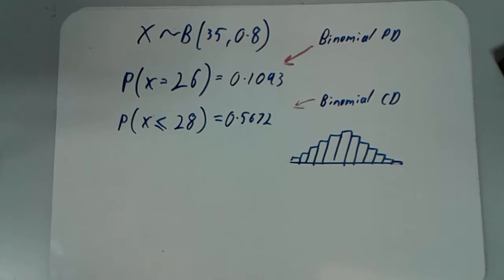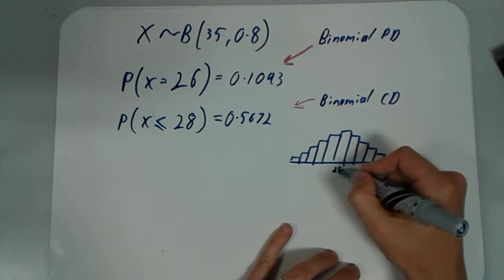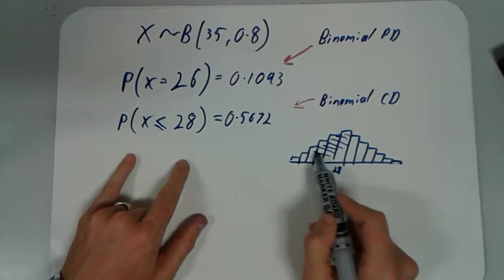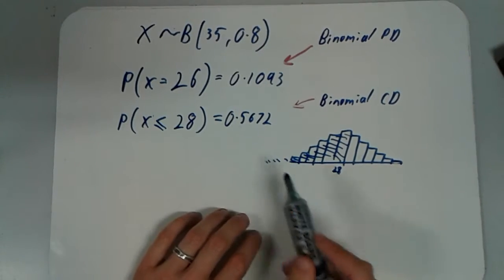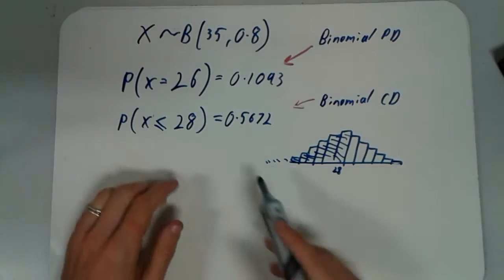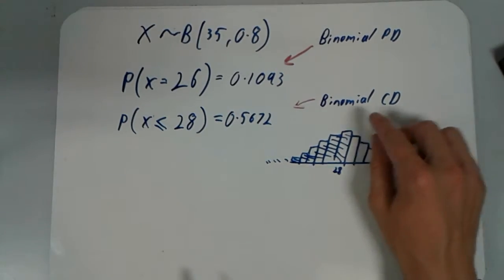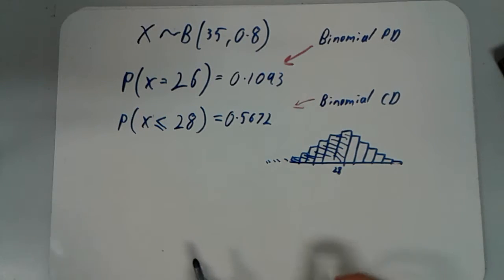Okay, so 28 would be here, and this is adding up all of those probabilities, all the way down to 0 when they become tiny. And it's saying, what's the probability of getting up to and including 28? So if you put 28 in CD mode, that's what it's doing, all the way up to there.